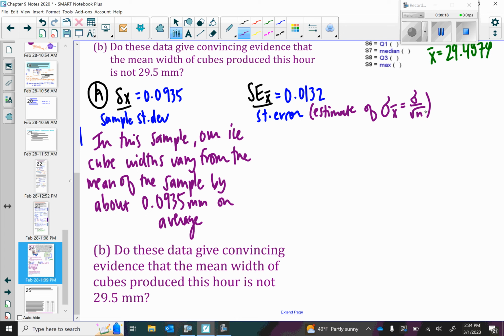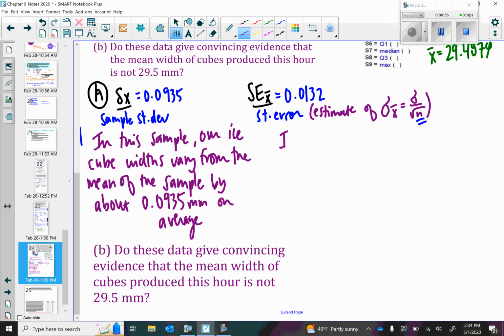So it's an estimate of this. And if we're talking about the standard error, it's specifically estimating this standard deviation in this sample. So to interpret, we would say something like this.